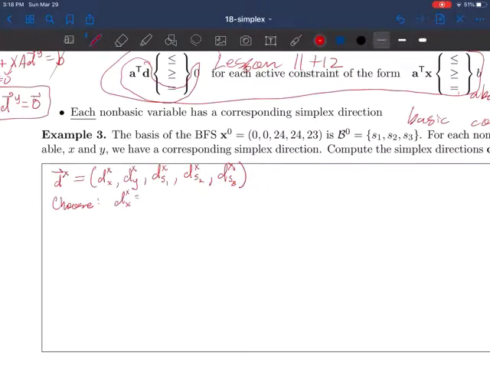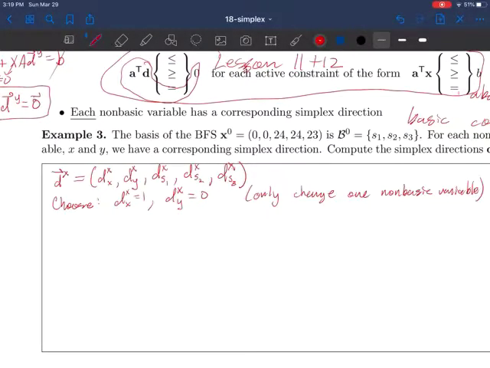Okay, we will choose dxx equal to 1 and dxy equal to 0. And that's okay to do, because we have freedom to choose whatever direction we want. We just want to make sure that we're only affecting one non-basic variable.